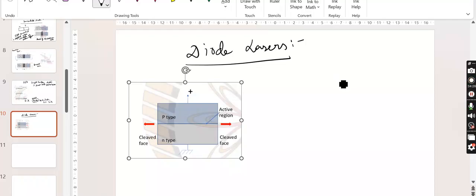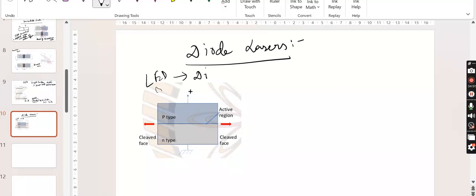That is, if we place it in an optical cavity and make other arrangements so that population inversion can be sustained, and there is optical feedback, which is placing it in a cavity, we can change an LED to a diode laser.